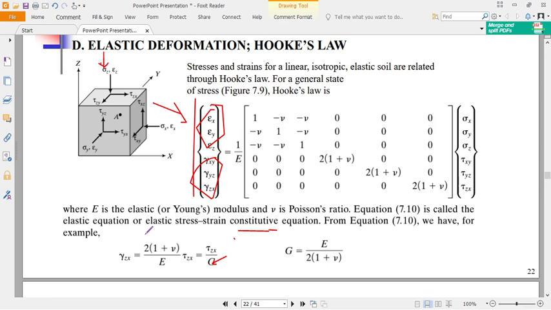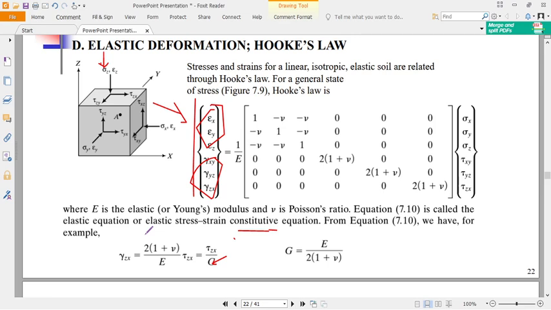Remember the strain in Z is equal to the stress in Z divided by the Young's modulus. Is that okay?